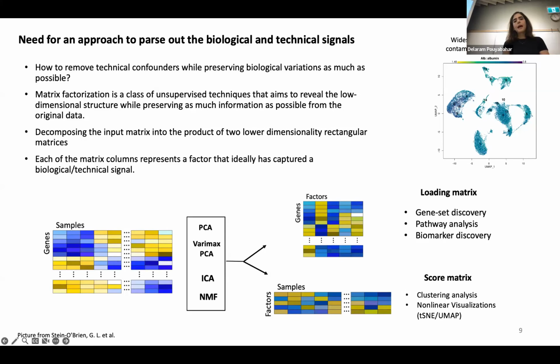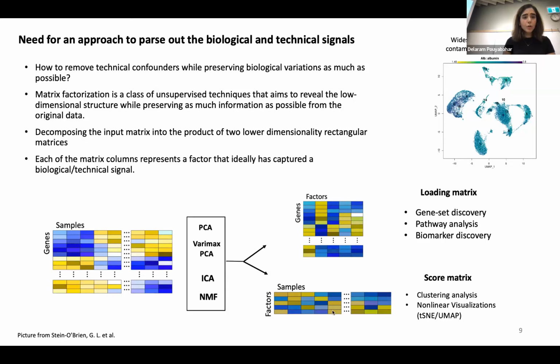How it does that is that you start with your matrix of interest, and then it tries to split that input matrix into two smaller and simpler rectangular matrices, so that you can study and interpret each of these simpler matrices individually and in an easier way. So you start with your data, it tries to split the data into simpler entities, and then you study those simpler entities and try to make sense of them.